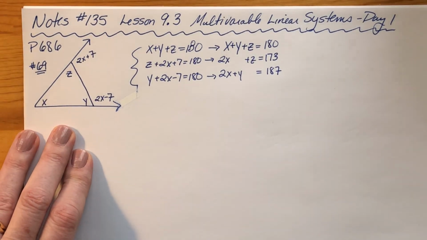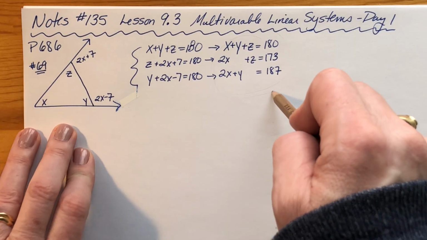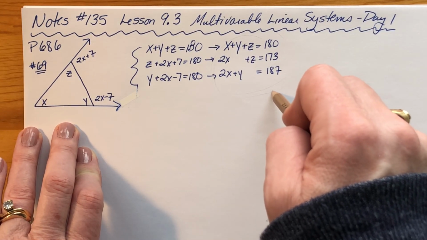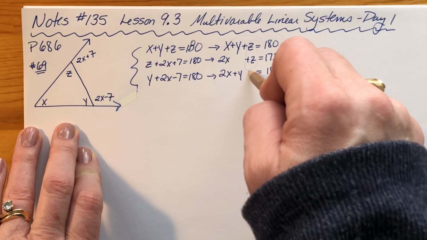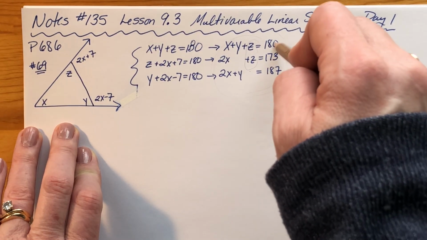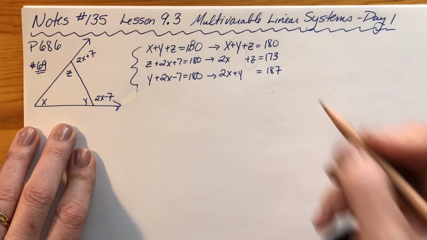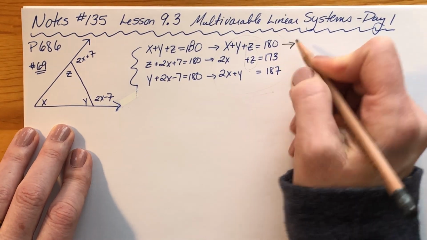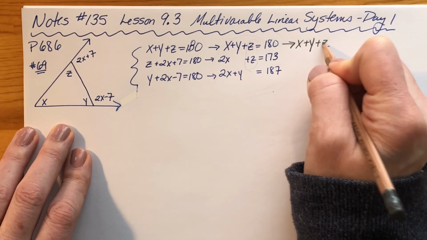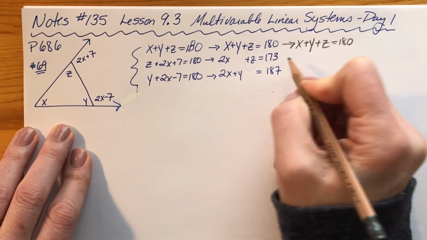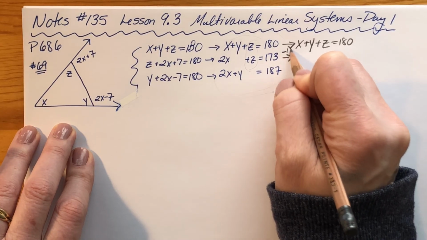So I'm going to stare at this, see how I can work together. I don't know about you, but right away, these z's are jumping out at me. If I subtract these two equations, I wonder what would happen. So I take this equation, x plus y plus z equals 180, and I take this equation and I'm going to multiply everything by -1.